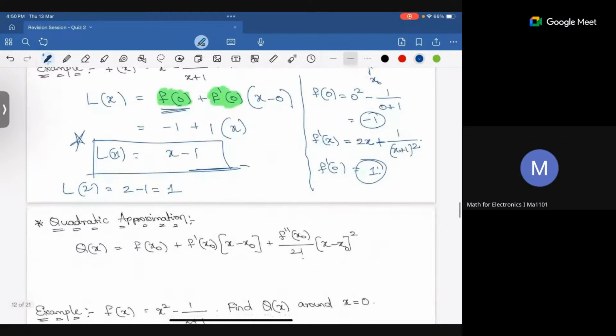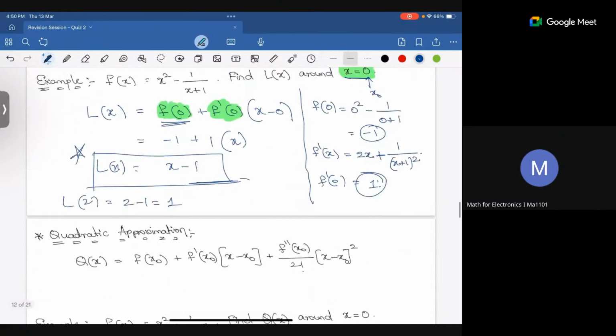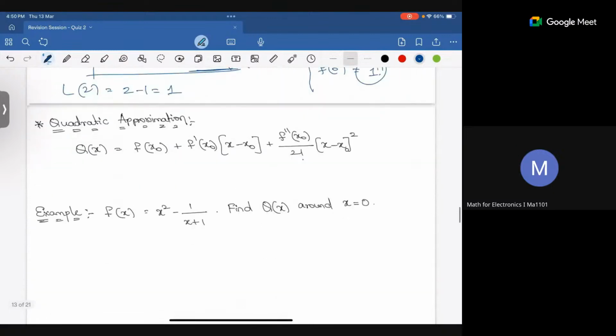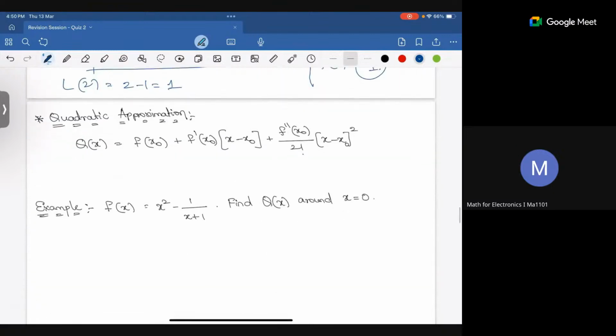So I can also do quadratic approximation. The only difference between linear approximation and quadratic approximation is that quadratic approximation will have one more term. Okay, so this is the new term. And this term will have x square coming into the picture. So that is why this is quadratic approximation. You will have x square term, x term, and a constant term. Even here, this is constant.